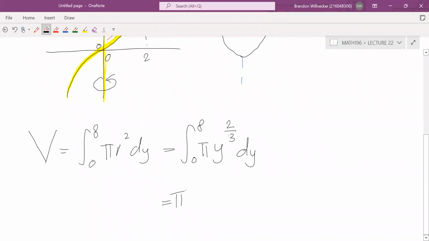Okay, we can take out the pi. Integrating this, we need to add 1 to the exponent. That will make it 5/3. Divide by that gives us 3/5, y to the 5/3. And this is going between 0 and 8.